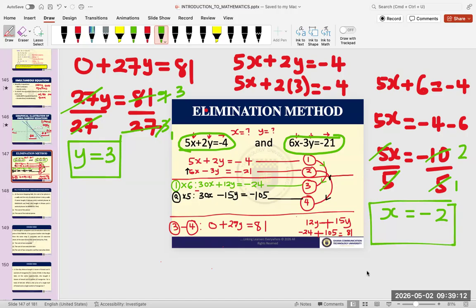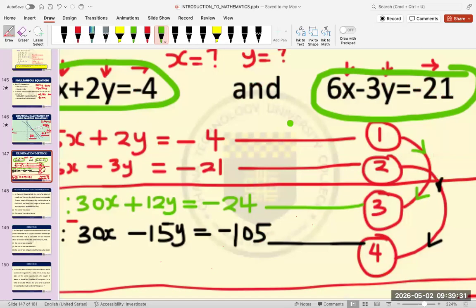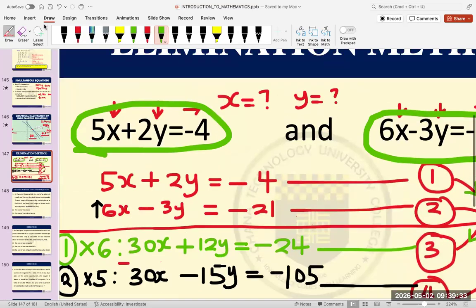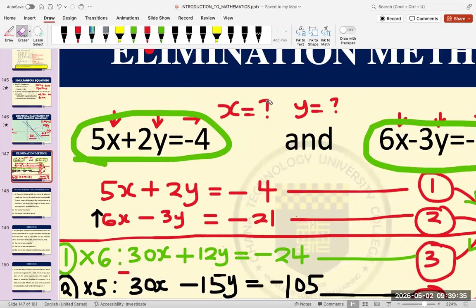So it means that our solution is that x should be negative 2, y should be 3. Let's check whether it is true that x should be negative 2 and y should be 3. The same question I asked here, what should be x, what should be y.